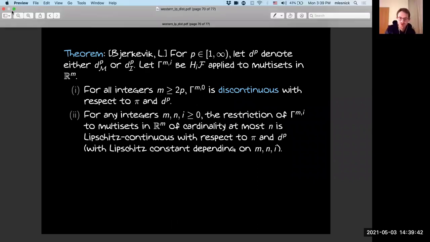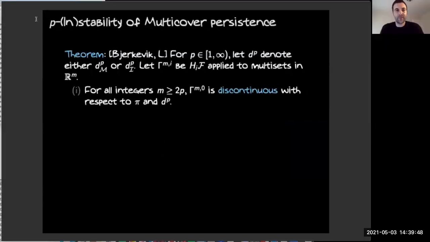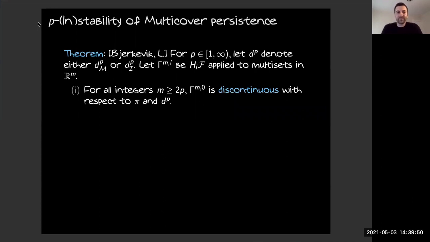Can I interrupt? So pi is the Prokhorov distance, or what? Yeah, sorry. Pi is the Prokhorov distance. Correct. I forgot to say. And these results are true either for the p matching distance or the p presentation distance.